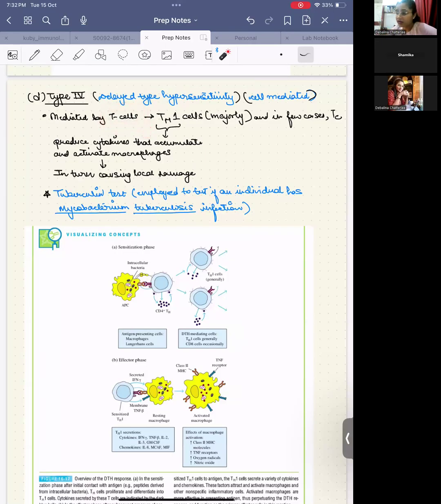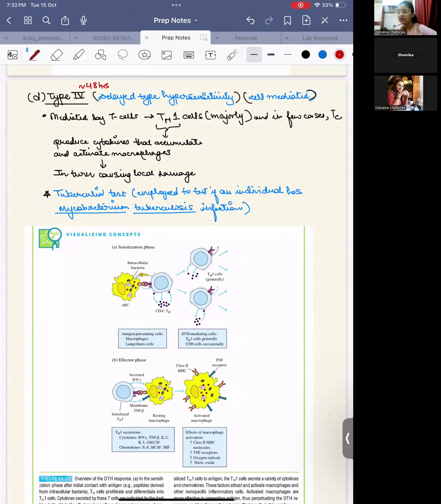So the typical response time noted here is around 48 hours. If you have an allergic response that comes up after around 48 hours of your initial exposure, then that means a delayed type hypersensitivity has occurred.